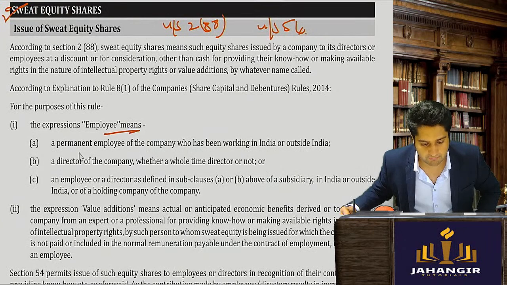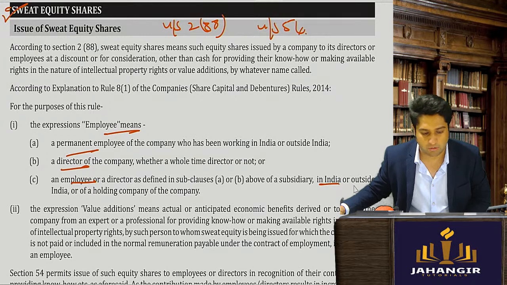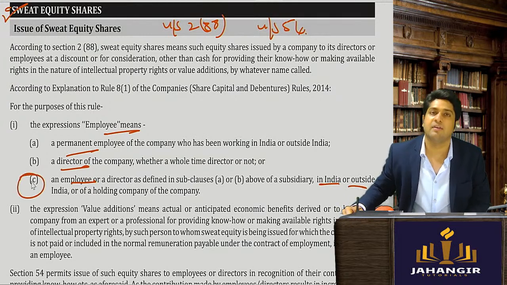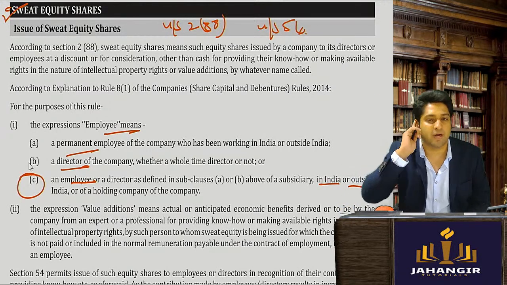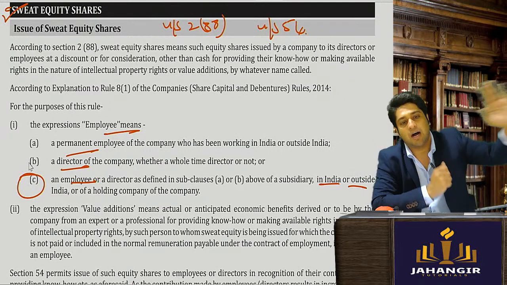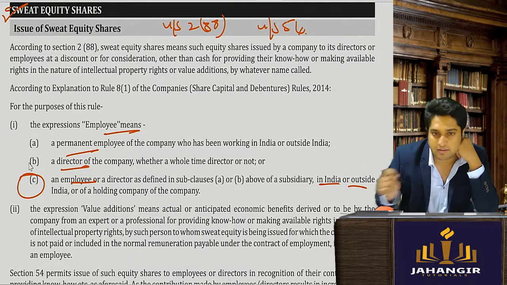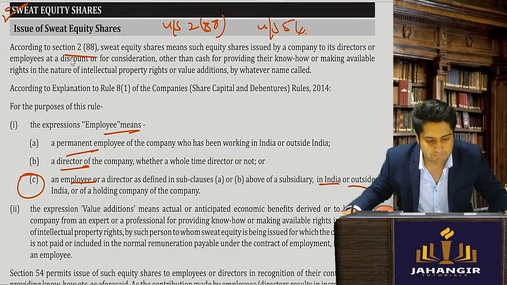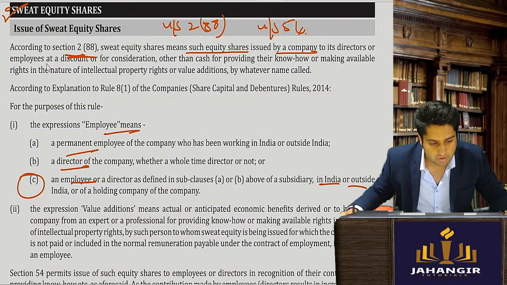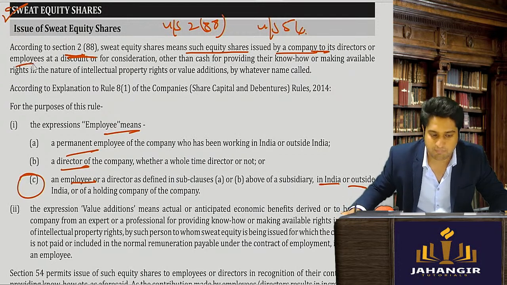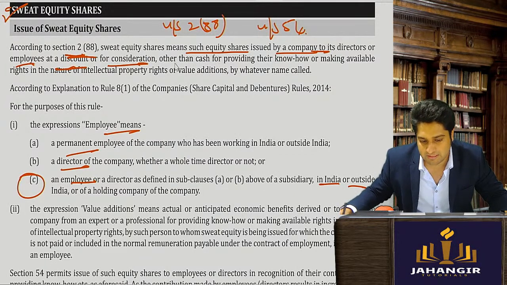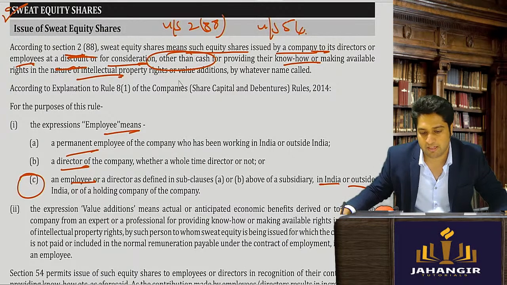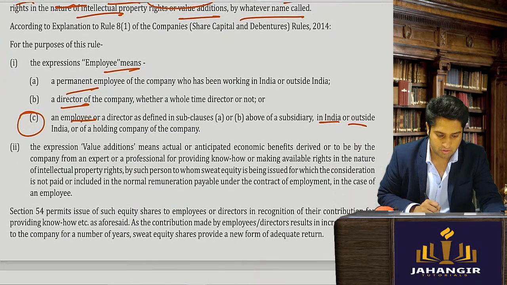An employee could be a permanent employee, a director, or an employee, whether he is in or outside India. This was a new part: even if I want to issue sweat equity to a person working abroad, that is also fine. So this is the definition. Equity shares means equity shares issued by the company to directors or employees at a discount or for consideration other than cash, for providing know-how, intellectual property, value addition by whatever name called.